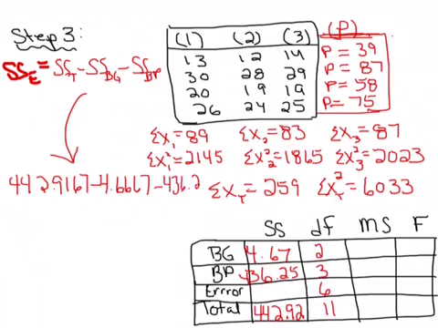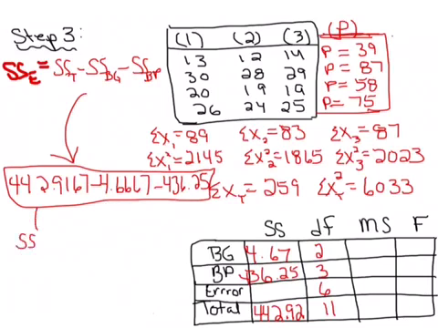So sums of square error, once you get all that totaled out, should be 1.99997. We'll just throw that in there.